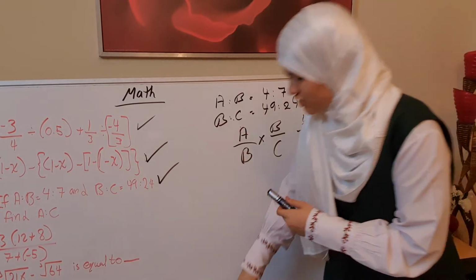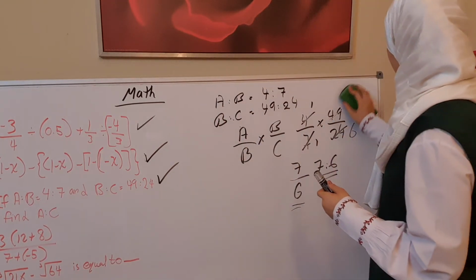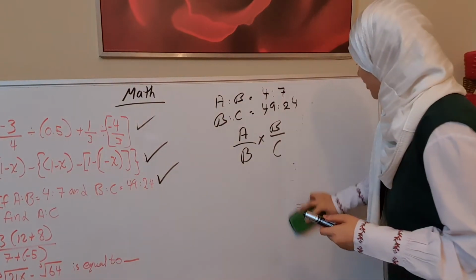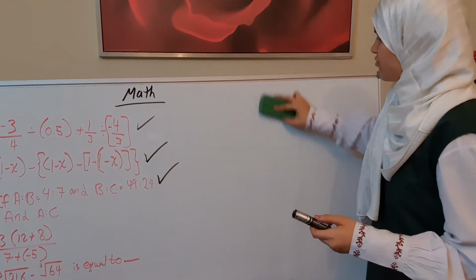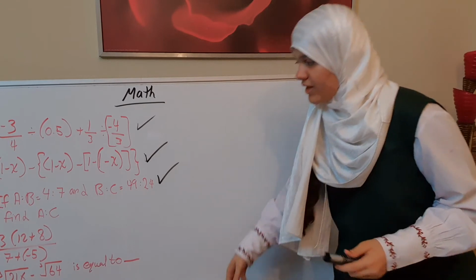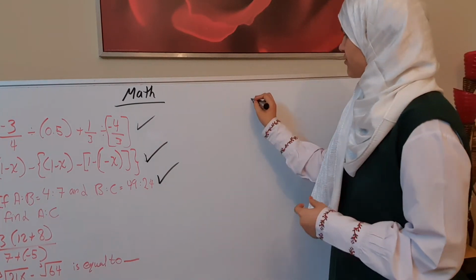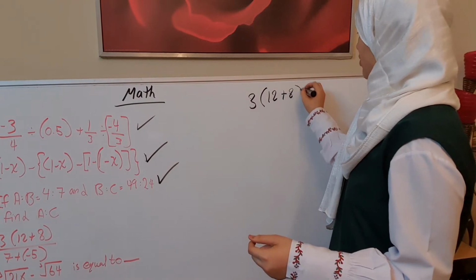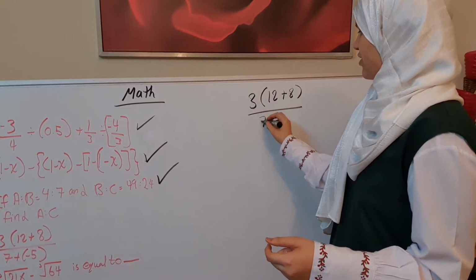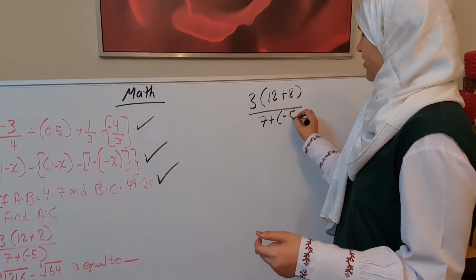Now the fourth question. The fourth question will make it like numerator and denominator, but by using the brackets. Like here the question says 3 bracket 12 plus 8 over 7 plus bracket negative 5.